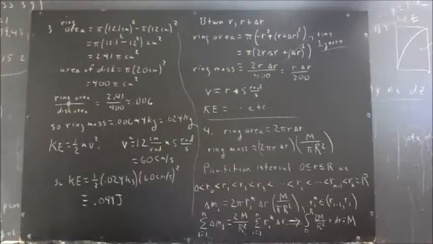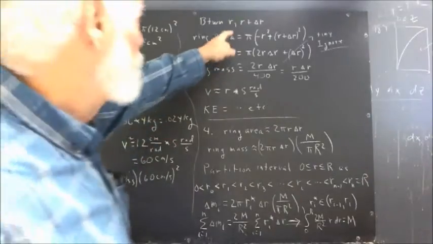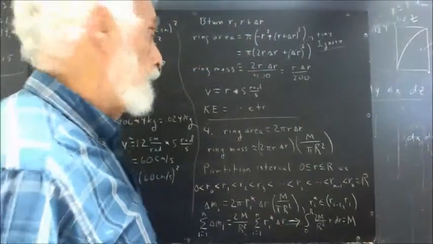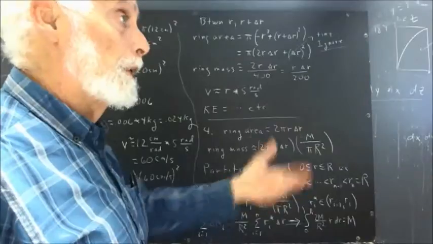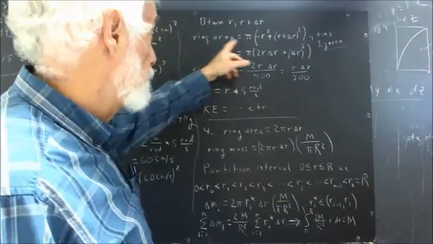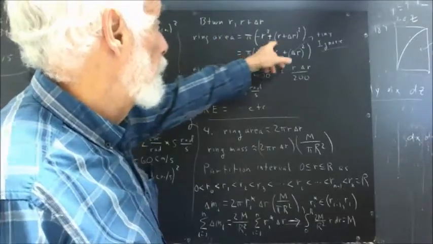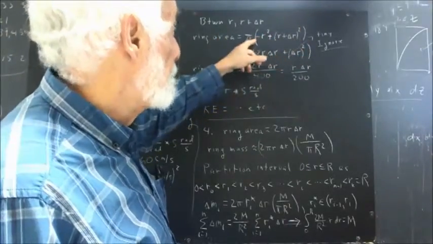Now the next problem we go on to talk about a ring, but actually let's include that because that still applies to this particular disk. Between radius r and r plus delta r, how much mass do we have? How much kinetic energy do we have? Well, the ring area in this case is pi times r plus delta r quantity squared minus r squared.